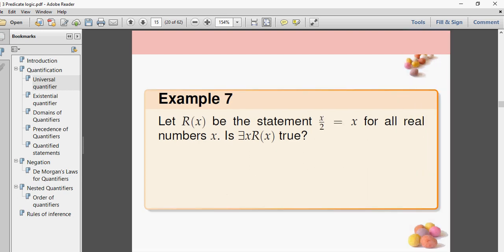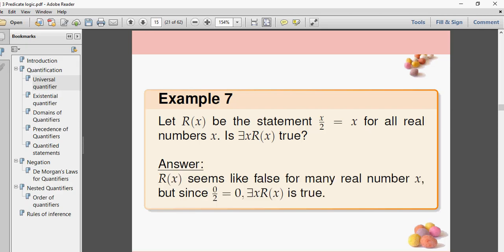Okay, let's have another. Let R(x) be the statement x divided by 2 equals x. For a real number, is there exists x, R(x), true? We need to prove it. R(x) seems false for any real number, but since we have 0 divided by 2 equals 0, it's true.